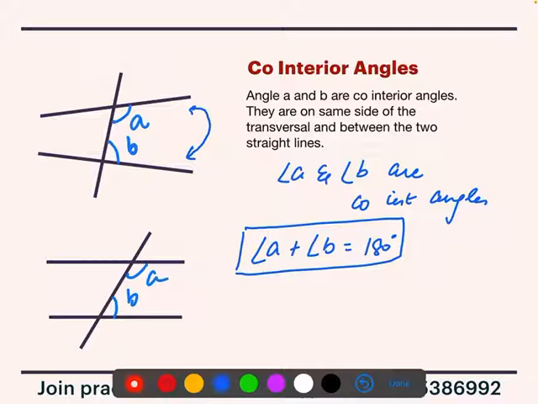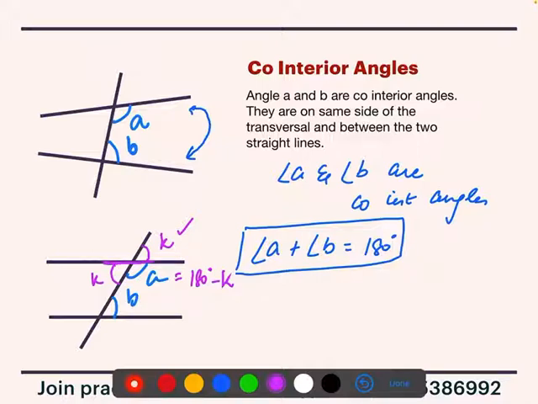Also, if you want to know why co-interior angles sum up to 180 degrees, let's study that also. Let's take this as K. If this angle is K, then vertically opposite angles are equal, hence this will also be K. So angle A is equal to 180 degrees take away K because they are on the straight line.